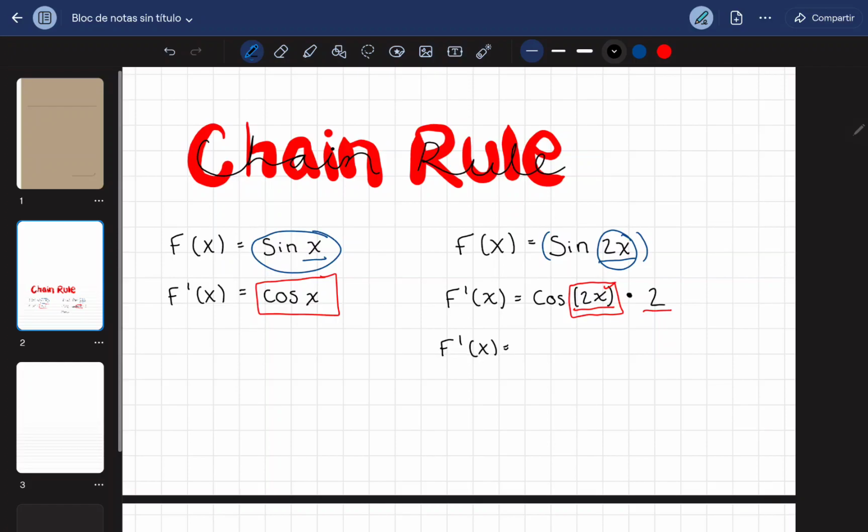This 2, we move to here, 2 cosine of 2x. Okay, so now you know that this 2 is multiplying the entire cosine, including the angle. If you have questions in here, please pause the video and raise your hand. If not, let's continue then.